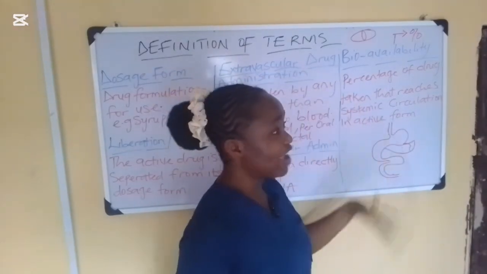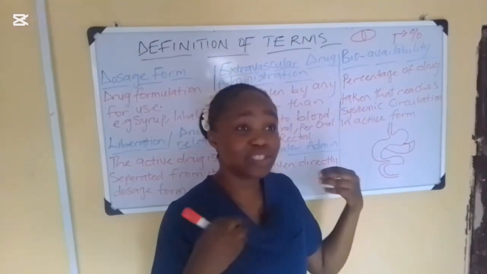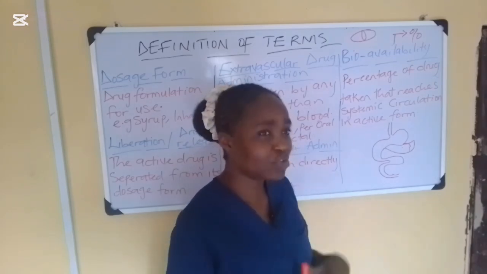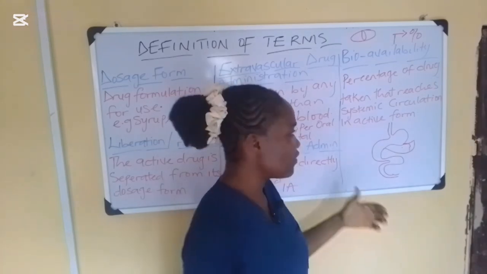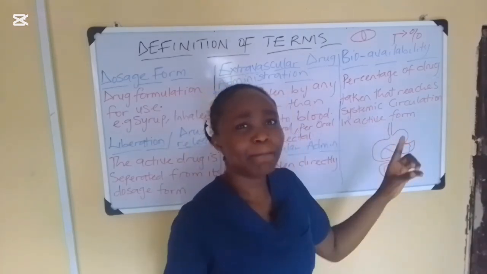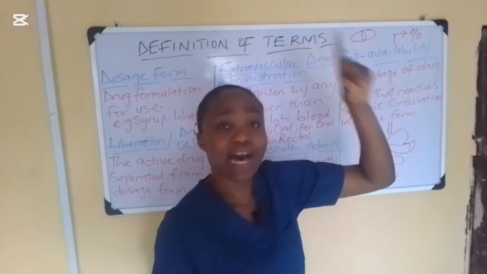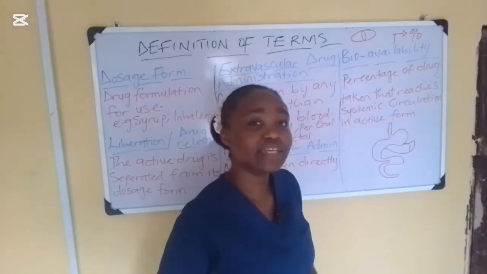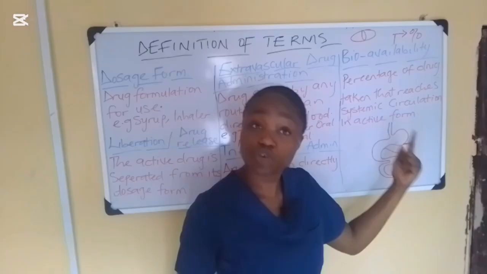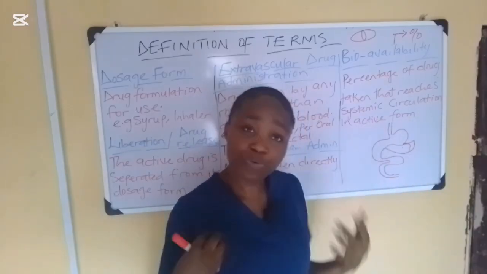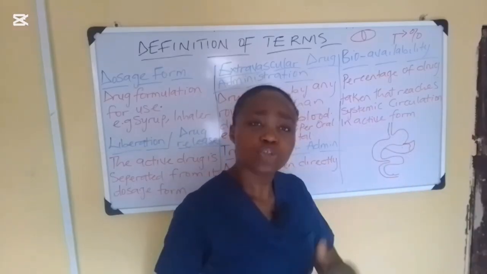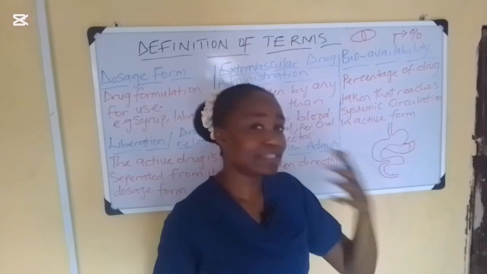Every one of these things goes to the liver. The liver helps to detoxify, to break down large molecules and whatsoever. From the liver through the hepatic artery it would move to the heart, coming from the inferior vena cava to the superior vena cava, and then it's pumped to go into systemic circulation.